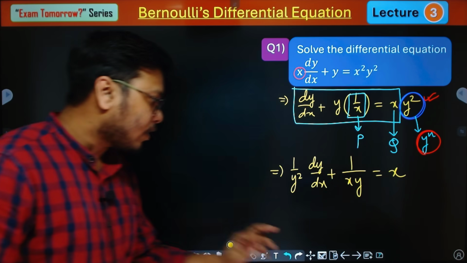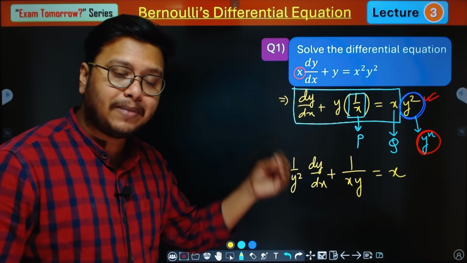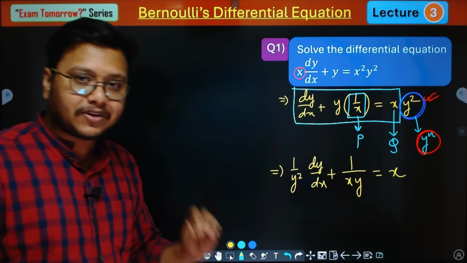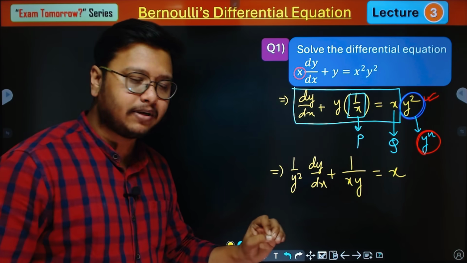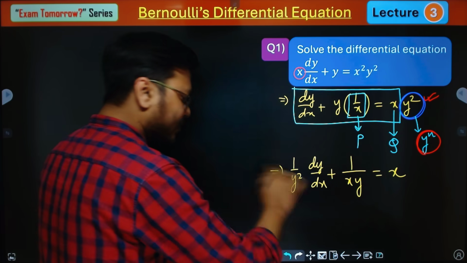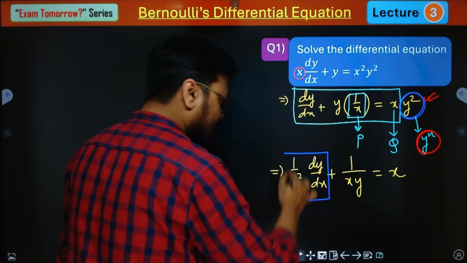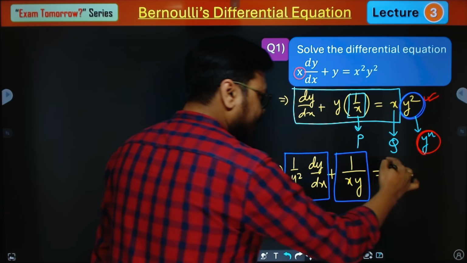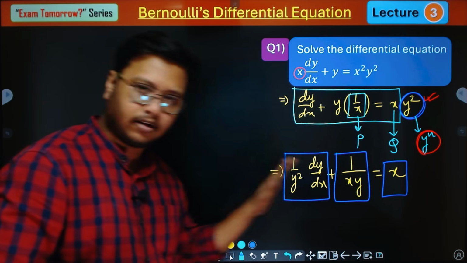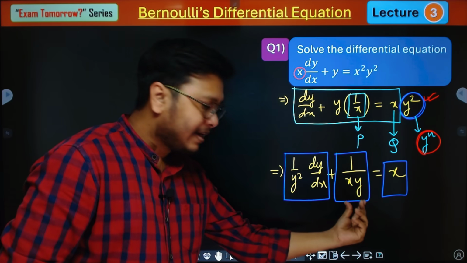Now what did I tell you? We have to make some substitution. What will be the substitution? The easiest way to remember this: focus on the middle-most term. In a Bernoulli differential equation we always have 3 terms: this is the first term, this is the second term, this is the third term. Focus on the middle term.